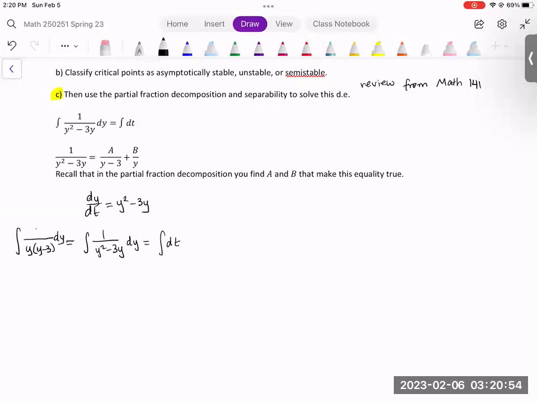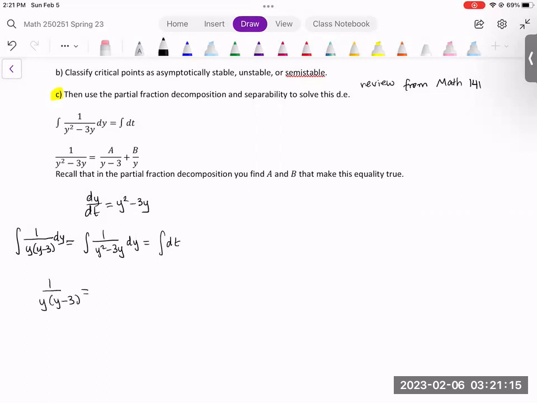Okay. So the goal is to try and rewrite this fraction as the result of doing a sum or a difference of pieces that have common denominator y times y minus 3. Okay, so we're going to write this out on the side.